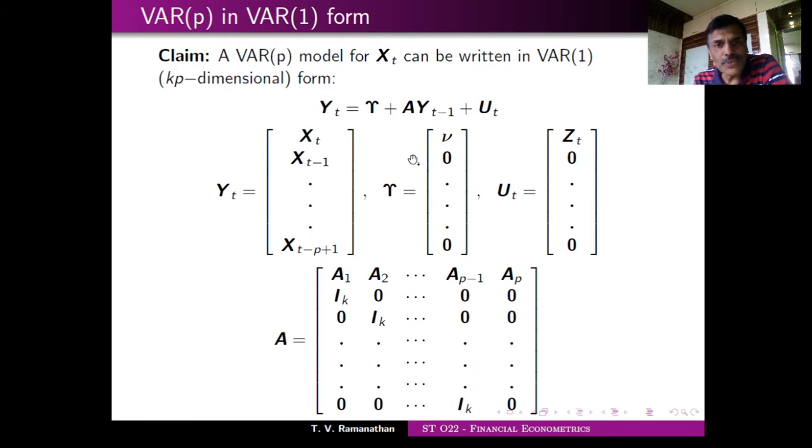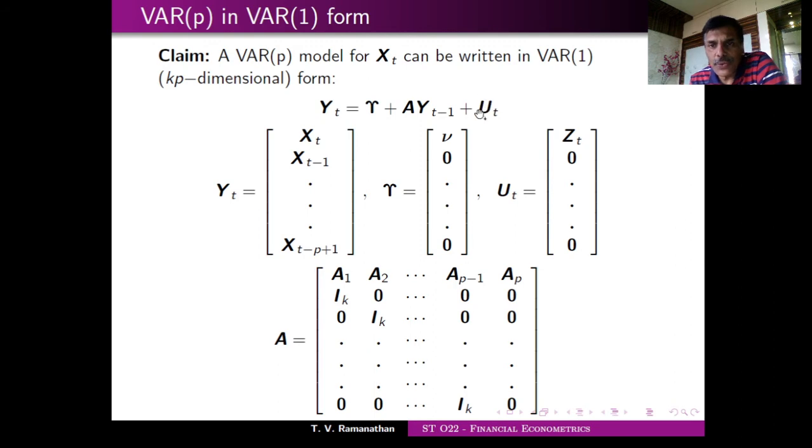Now what I am going to do with this epsilon: epsilon can be written as nu, which is k by 1, and I add p minus 1 such zero vectors, each of which is k by 1. So in all, this is kp by 1, which is the dimension of this vector.